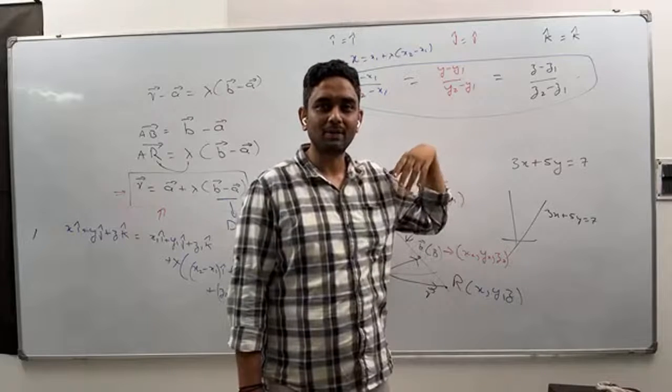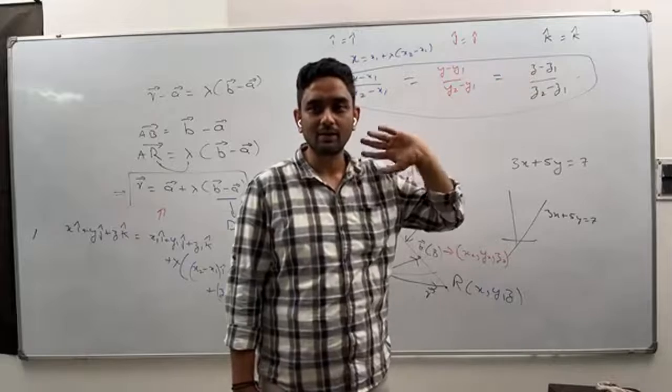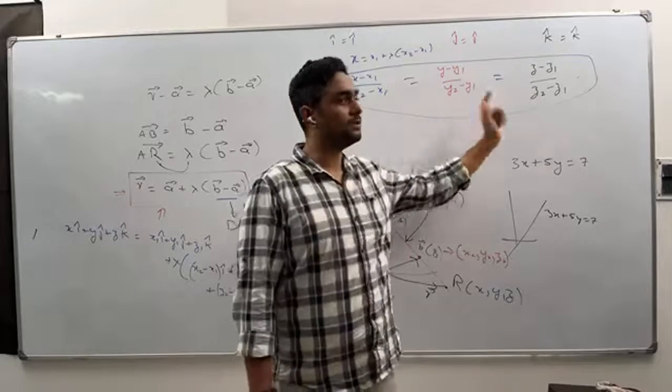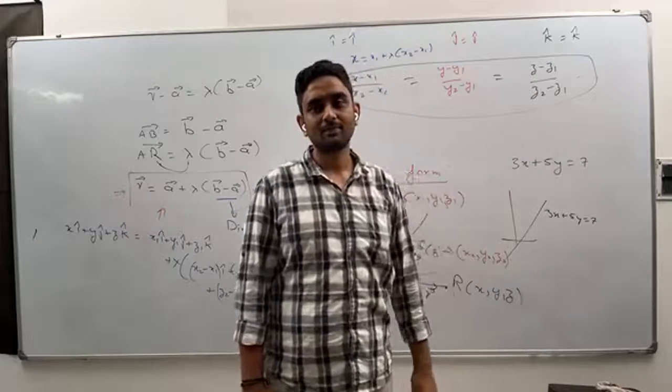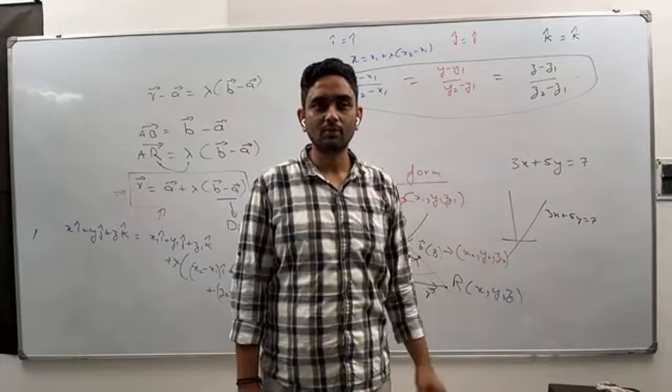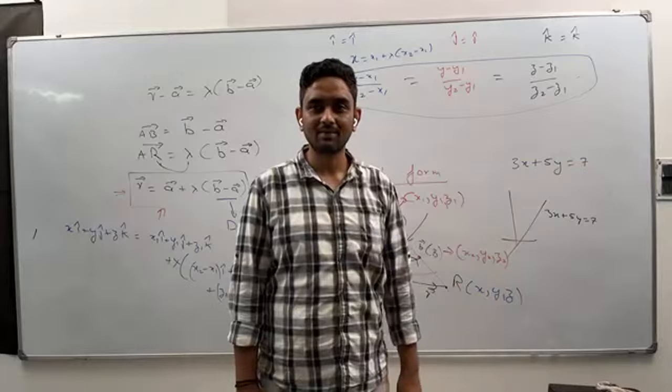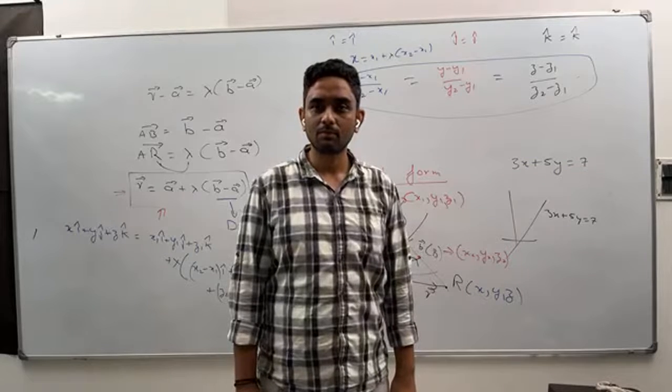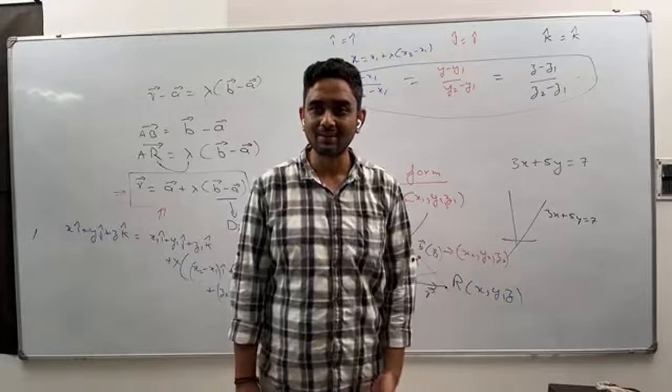Let's say I want to find a point on the line. So whether I should equate these two or these two? If I equate only the first two, then what will happen? I want to find a line only, right?